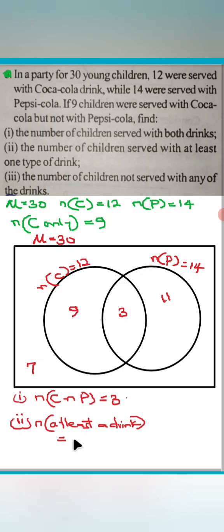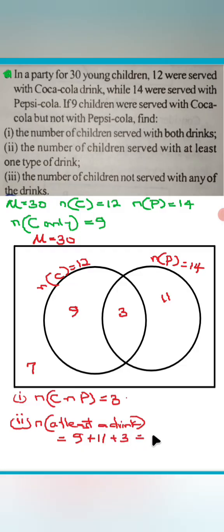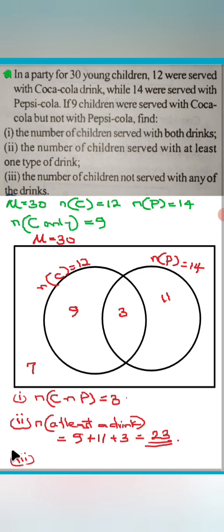So we are going to say 9 served with Coca-Cola only plus 11 served with Pepsi Cola only plus 3 served with both. So this results in 23. And the third question says the number of children not served with any of the drinks, which means the number of (C intersection P) complement, and this will be 7.